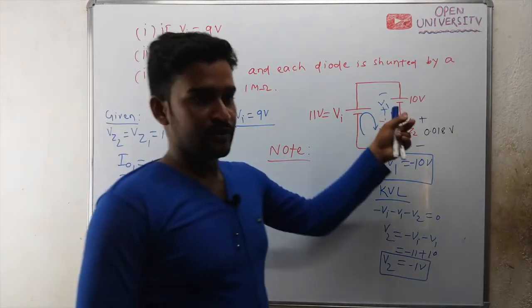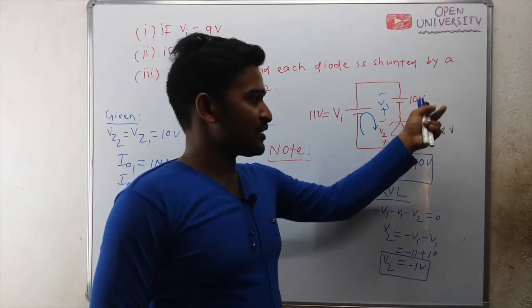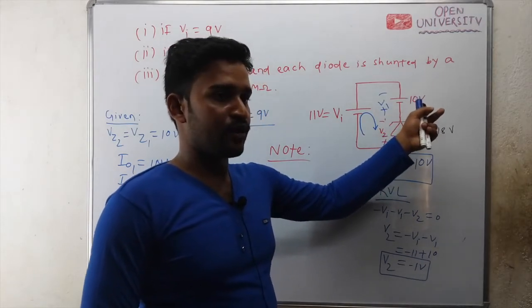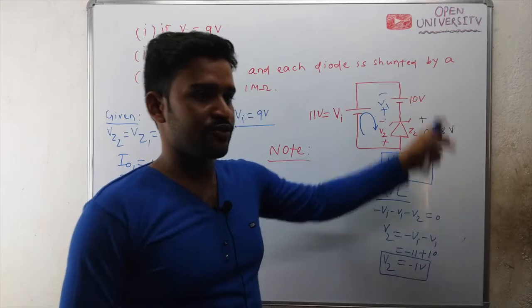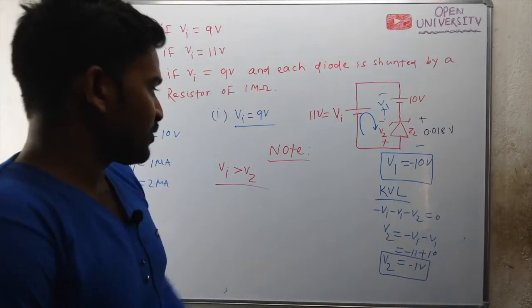This diode is in breakdown, and the reverse saturation current of this diode is small. Among these two diodes, its reverse saturation current is small. So write down this point.